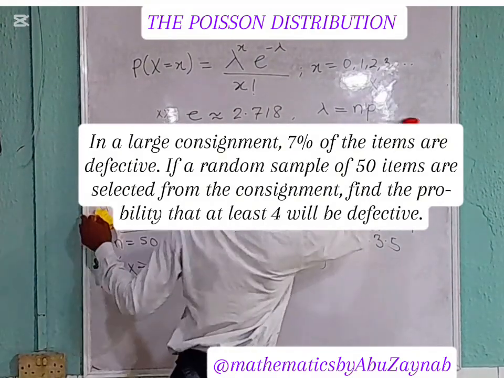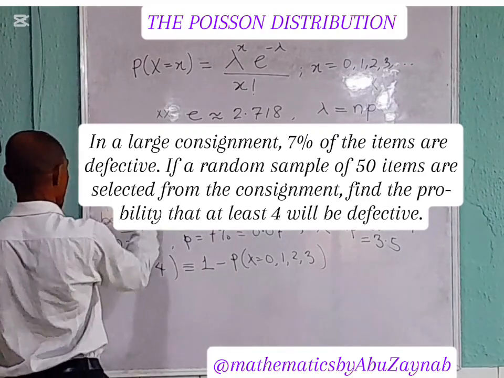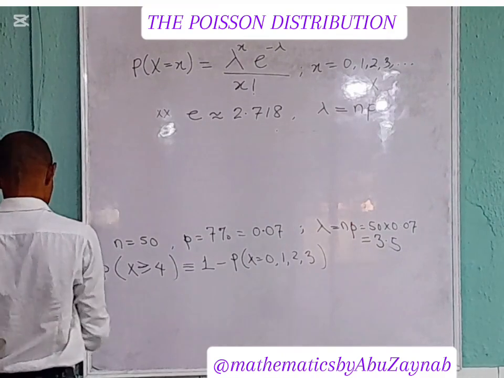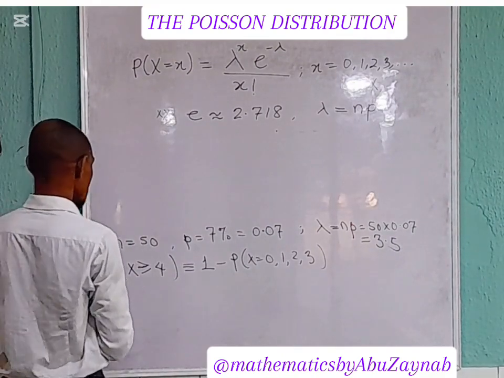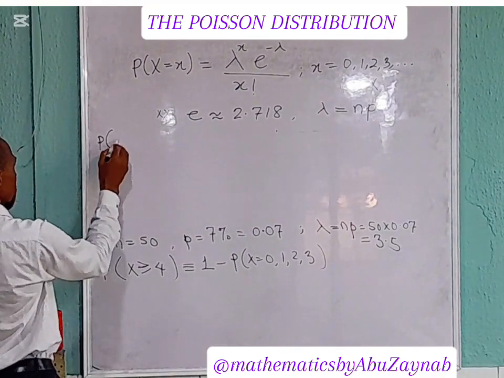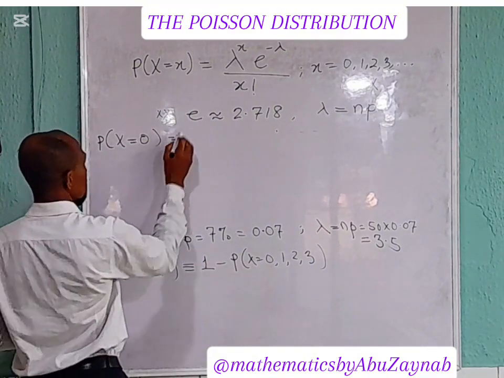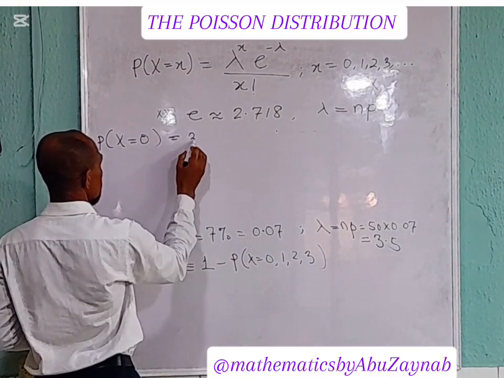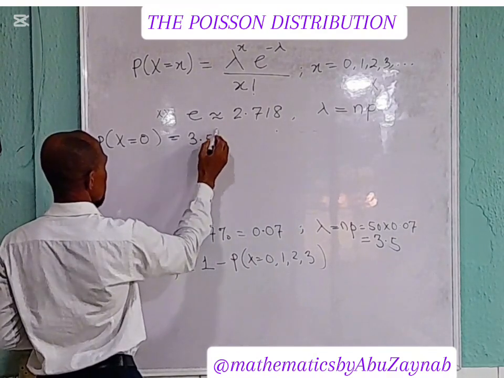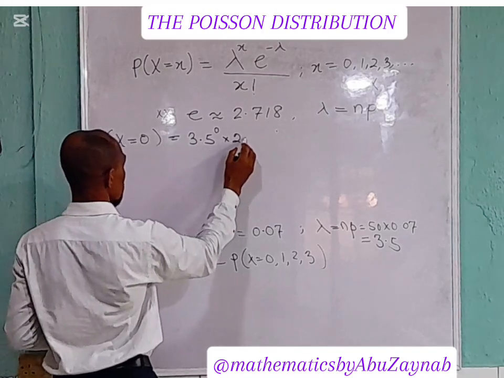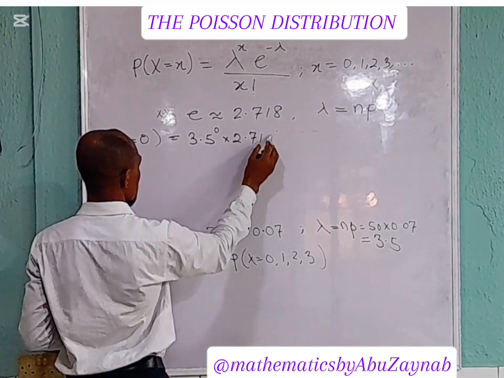We go thus to compute. So we have probability of x equals 0, the very first one. Using the formula, lambda is 3.5, x is 0 here, e is 2.718.